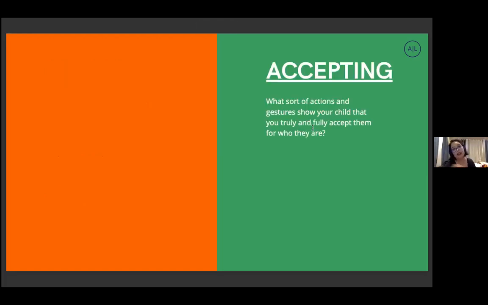Okay. Then let's go to accepting. After loving is accepting. So the question is, what sort of actions and gestures show your child that you truly and fully accept them for who they are? Let me just share a certain scenario before. There was this phase, maybe 3 months maximum, where the child hits every day.